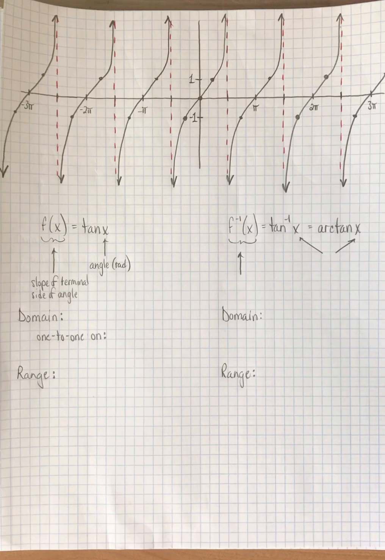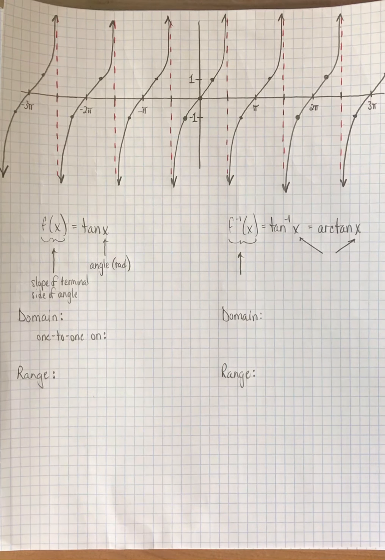Whenever the terminal side is vertical, meaning whenever it is coterminal with pi over 2 or coterminal with negative pi over 2, as I mentioned before, all of the odd multiples of pi over 2. Anytime the terminal side lands in one of those positions, the terminal side is vertical and the slope is undefined.